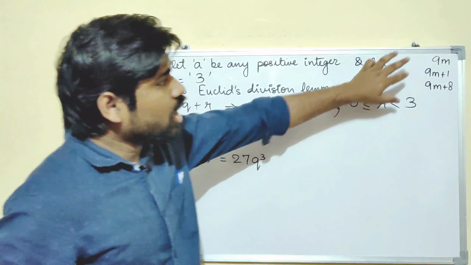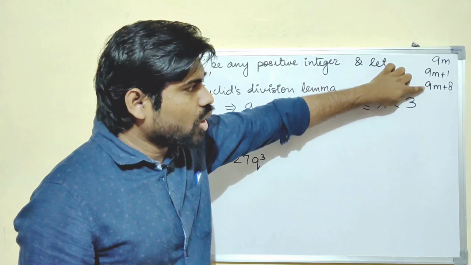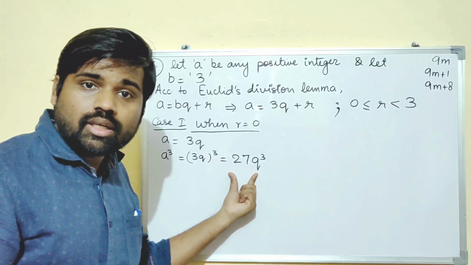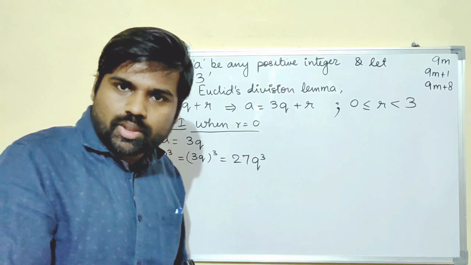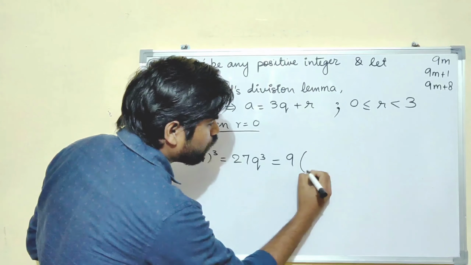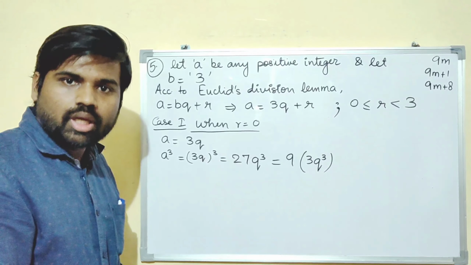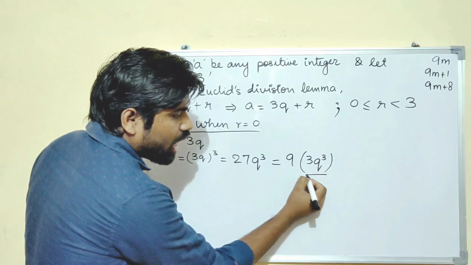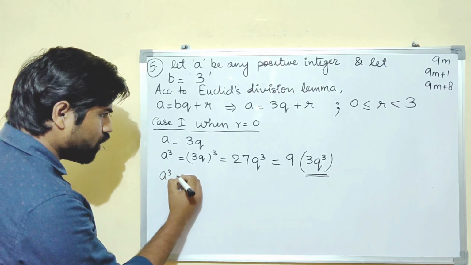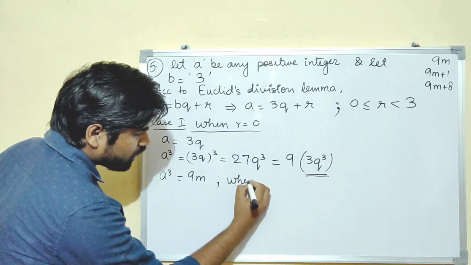Now let us see what is the form of the number. 9m plus 1 or 9m plus 8, but it is not so. So what I told you, that we have to modify the expression as per our need. We will write it as 9 into 3q cube. Can we write it so? Yes. Now in the bracket we will assume this as m.